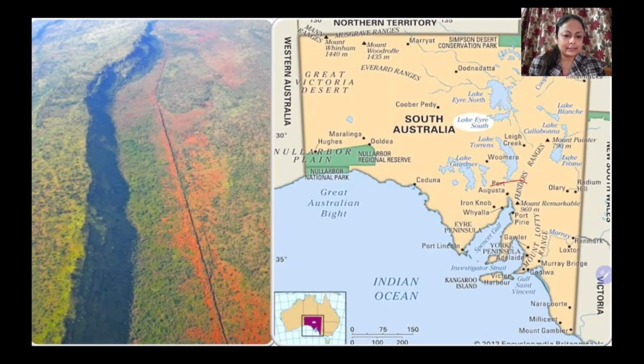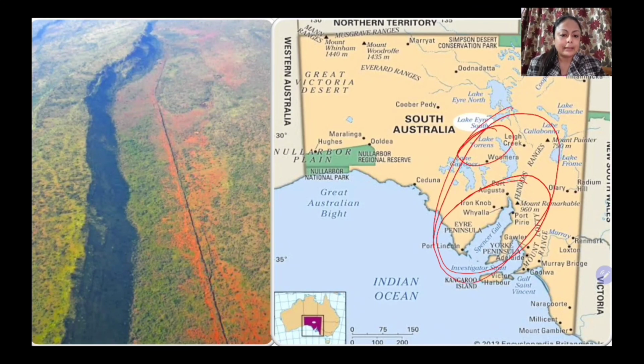So students, this is the region of the Rift Valley in Australia. And if you see here, Lake Torrens also lies in the region of the Rift Valley. And the Spencer Gulf also lies in the Rift Valley of Australia. So this is in the southeastern part of the continent.